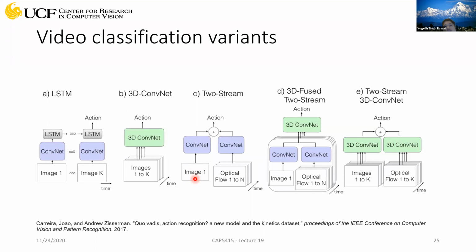Because if you think about this, all the appearance information you have in one frame is kind of repetitive in all the frames in the video. That's the intuition here. You just use a 2D convolution to extract the features from the image, and this gives you appearance features. For extracting the motion, you compute the optical flow, feed that to your convolution network, and then perform action classification.